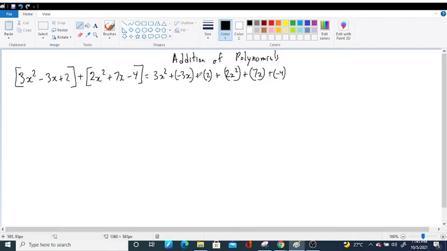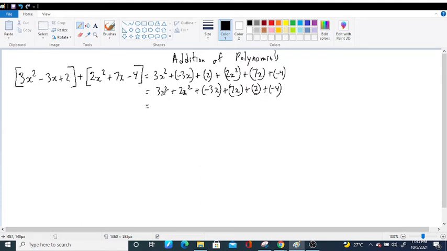Since we have broken them out and gotten rid of the brackets, we can now group like terms. We say 3x squared added to the 2x squared from right here, plus the negative 3x plus the 7x, and then plus 2 plus a negative 4. Now we carry out this operation.